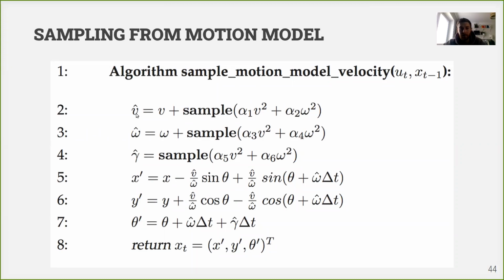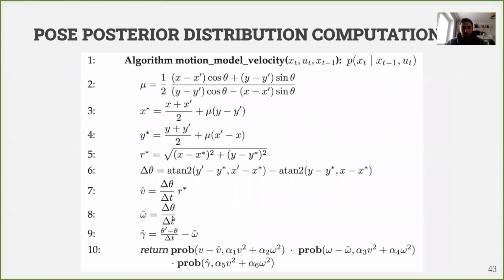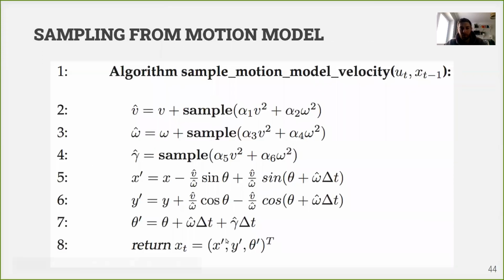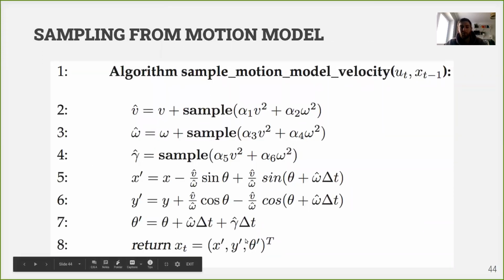And as we discussed, we now have three parameters: our linear velocity, angular velocity, and final rotation. We can sample our probability error noises from a normal distribution or triangular distribution once again, add this to the speed we're commanding to our robot, and using this equation just compute kinematics and return the pose we get by adding this noise.